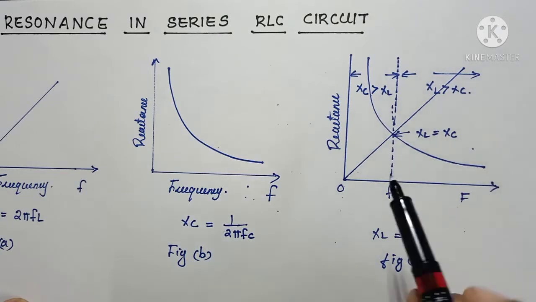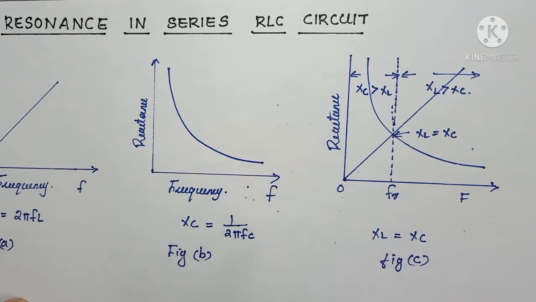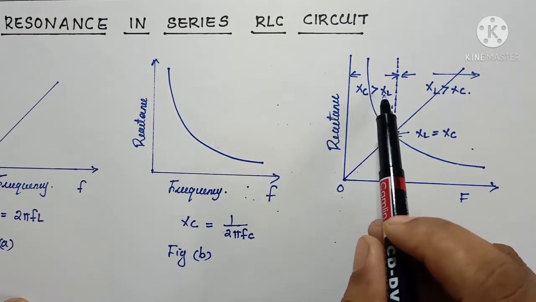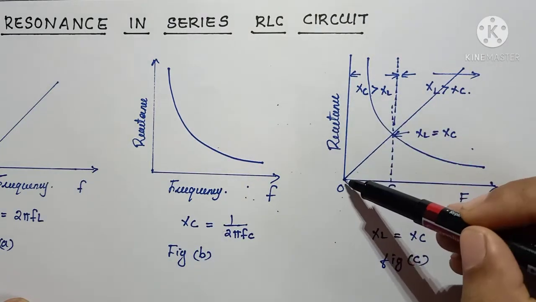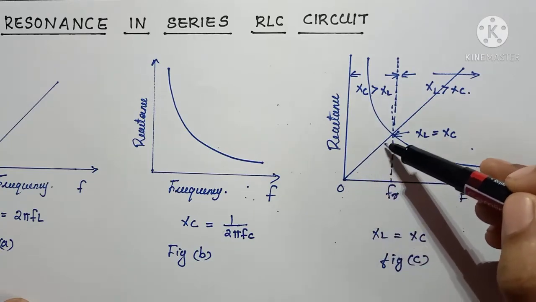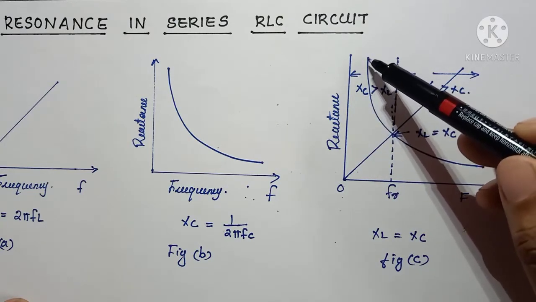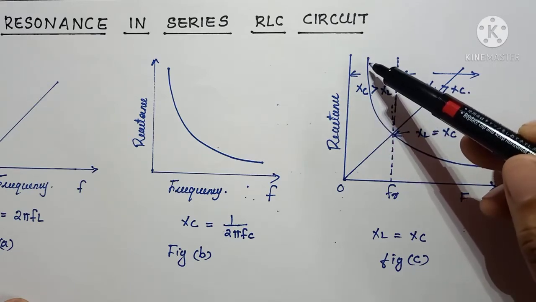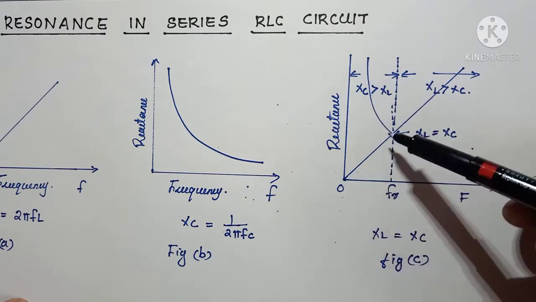Before this resonance frequency, the effect of the capacitor is higher than the inductor. Here the inductive reactance starts from 0 and increases, but the capacitive reactance starts from the maximum value. So we can say that the effect of capacitive reactance is higher than that of inductive reactance.